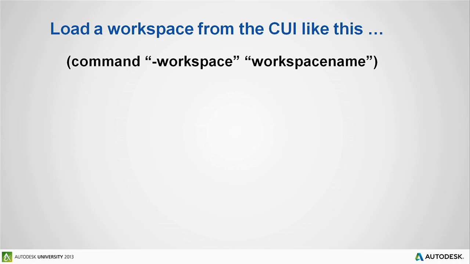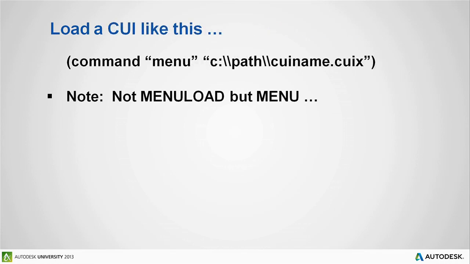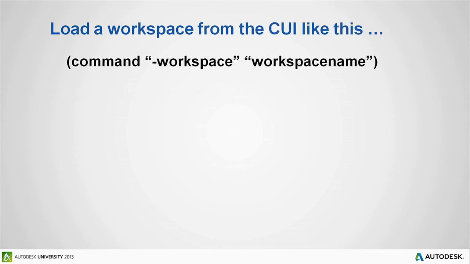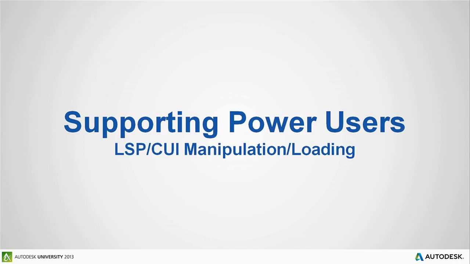Note the dash in front of the workspace. And the only thing that you have to make sure of is what on both of these examples? That the file and the workspace actually exist. If they don't, that line of code will just kind of, couldn't find it. It'll just go on to the next one. But I'm going to presume that you wouldn't put it in there if it didn't exist.